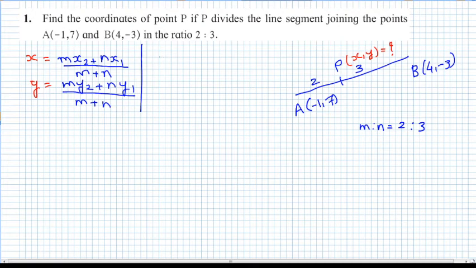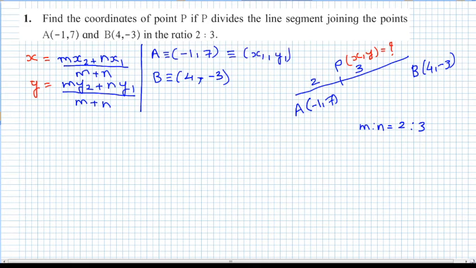But how do you start the solution? We have been given point A, so A is (-1, 7), and B is (4, -3). We will call this x1, y1.